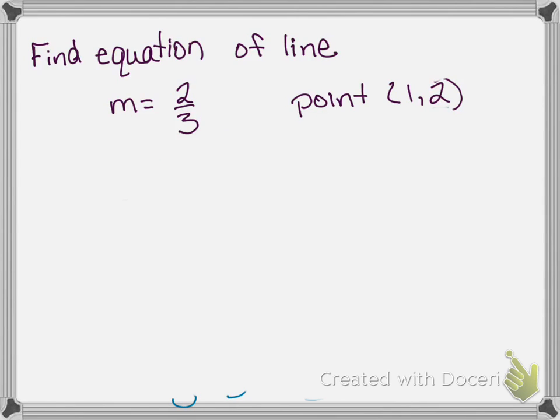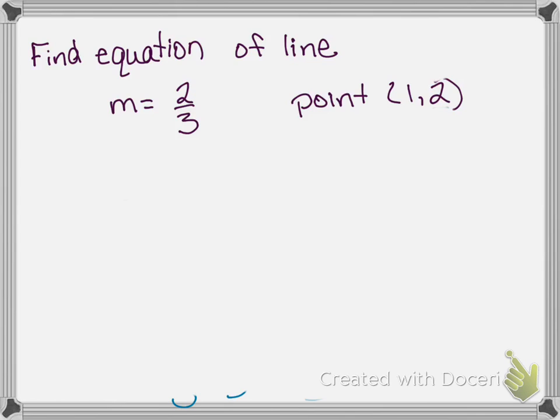Okay, we are going to find the equation of the line that has a slope of m equals 2/3 and has the point (1, 2) on the line. So our line has a slope of 2/3 and a point on the line is (1, 2).